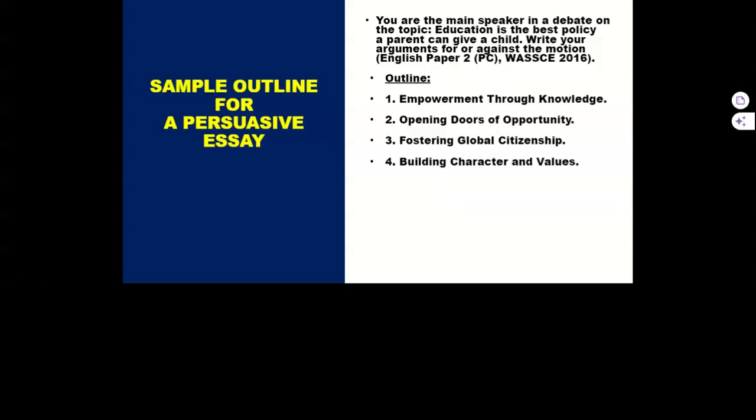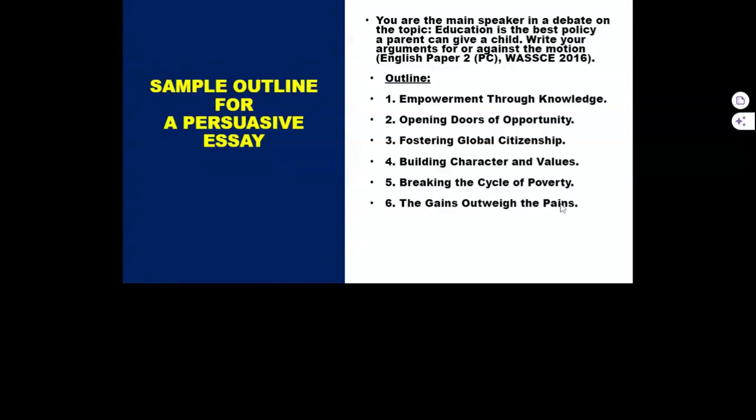Number 4, building character and values. Education helps to build character, the good character and the good values in a child. Number 5, breaking the circle of poverty. There's no doubt that education enables you to acquire the right skills that will help you to earn a living.